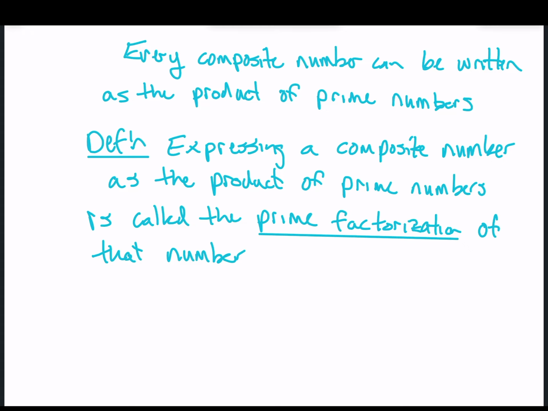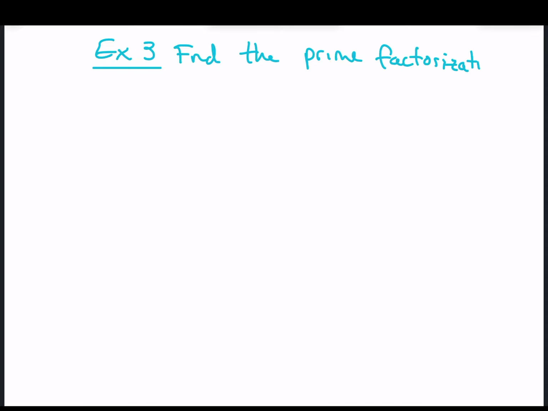Let's do an example. Example 3. We want to find the prime factorization of 36. So what we want to do is rewrite 36 as the product of prime numbers.